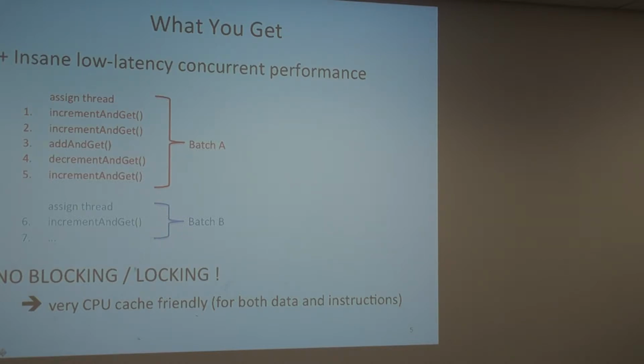And because it's not blocking or locking, it's very CPU cache friendly. There's only one cache miss at the top when you're asking the inbox for work. So that's why it's very fast. There's no multitasking. Your cache is very hot, and that is what the CPU likes the most, being single-threaded and having the cache hot. That's where you get the performance gains in Baratine.